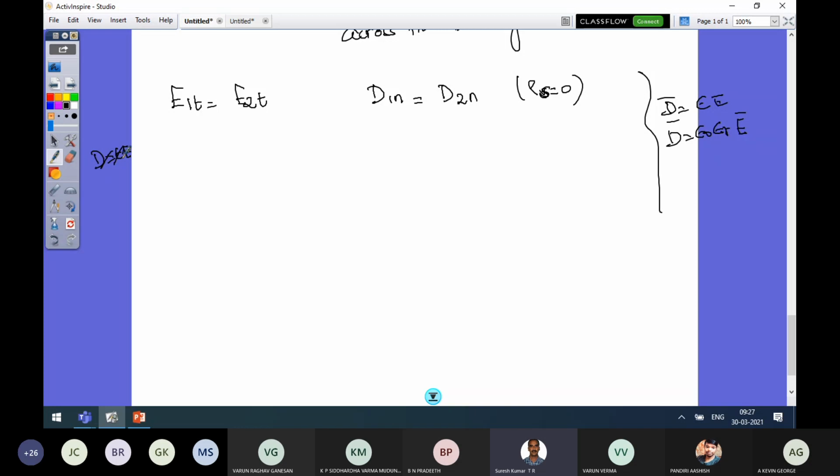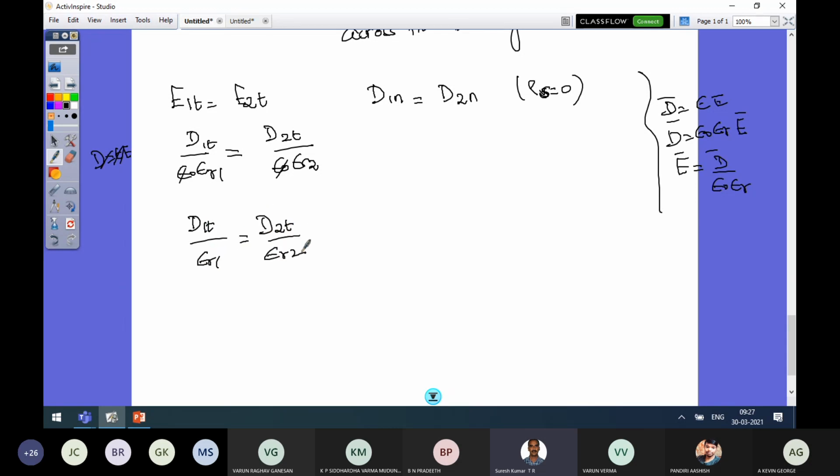Or you can say E equal to D over epsilon naught into epsilon R. So E1t can be written as D1t over epsilon naught into epsilon R1, which is equal to D2t over epsilon naught into epsilon R2. The epsilon naught term will get cancelled. So you can simply write D1t over epsilon R1 equal to D2t over epsilon R2.